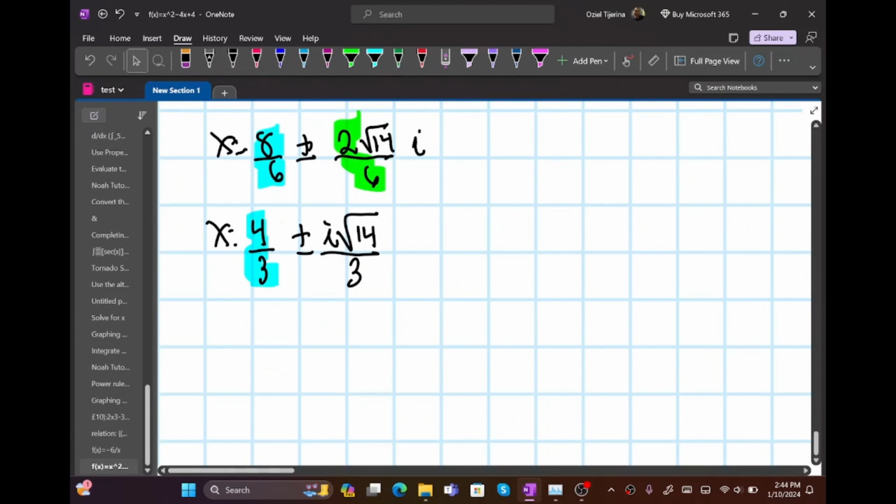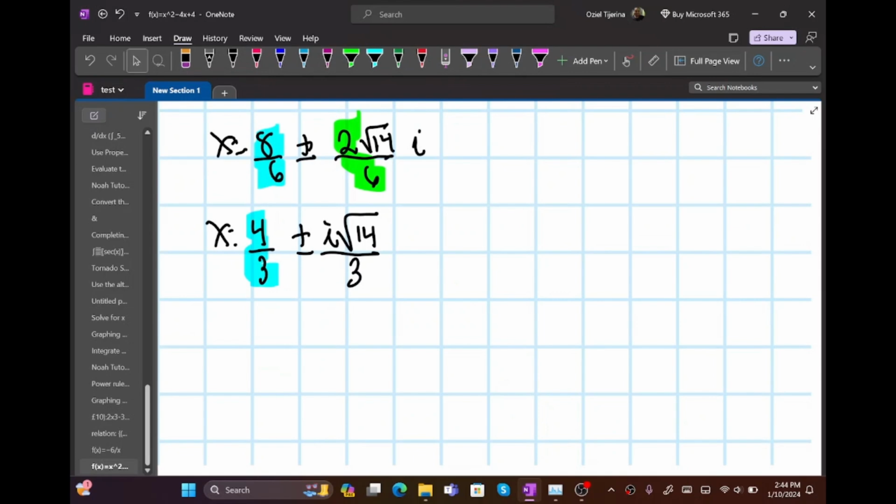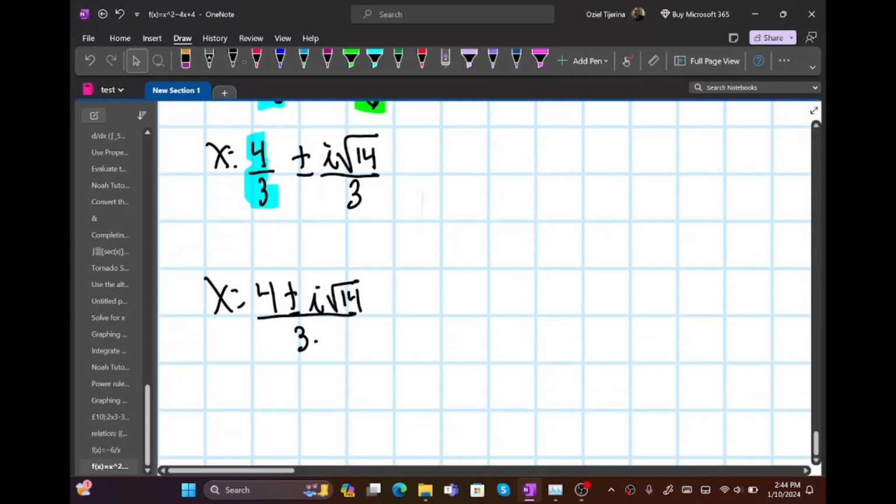And so our answer becomes x equals 4/3 plus or minus i square root of 14 all over 3.